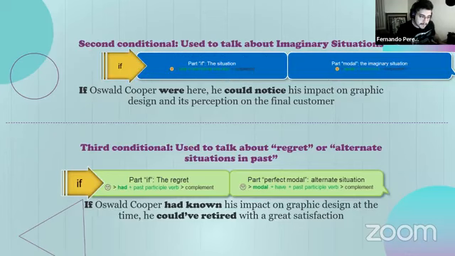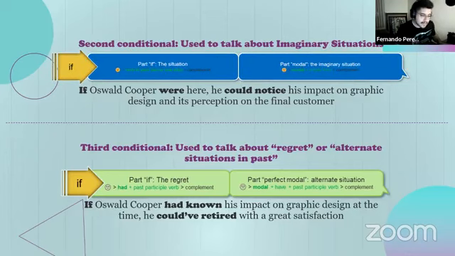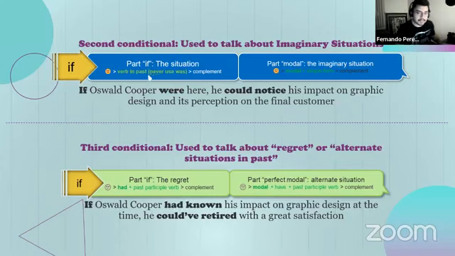Okay. The formula that you have on top has a very specific indication in the first section. It says over there that the verb should be in past, but never use was. So when you are talking about an imaginary situation in your life, you should use the other verb to be.